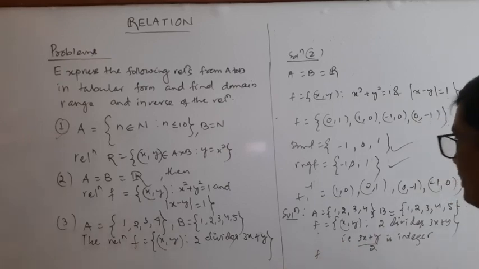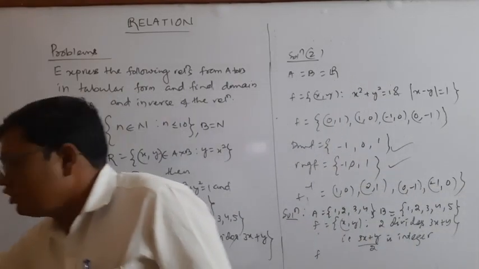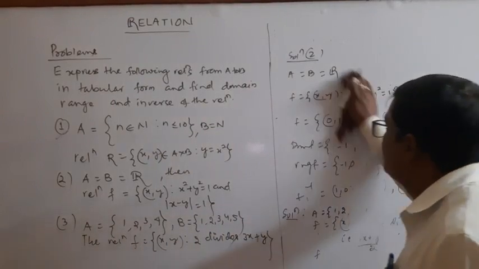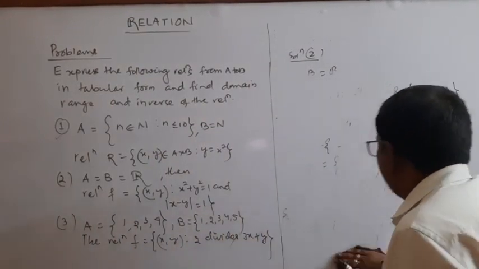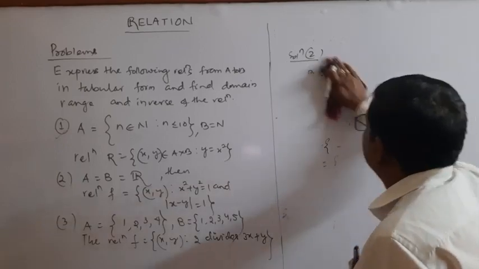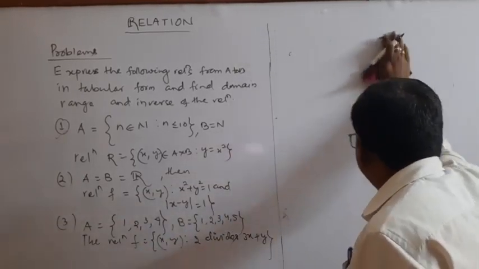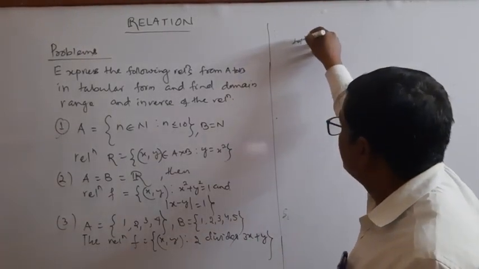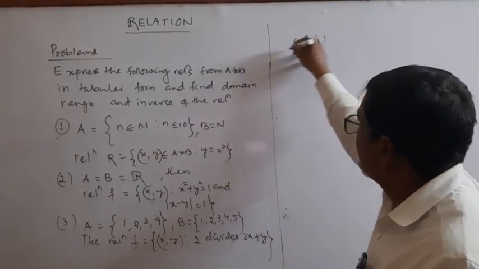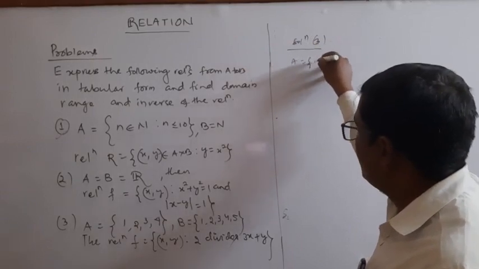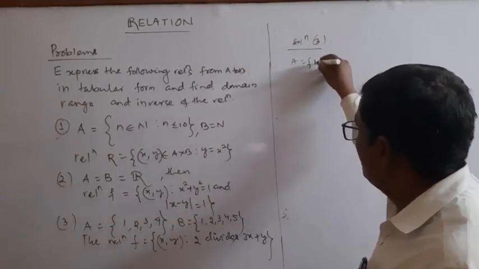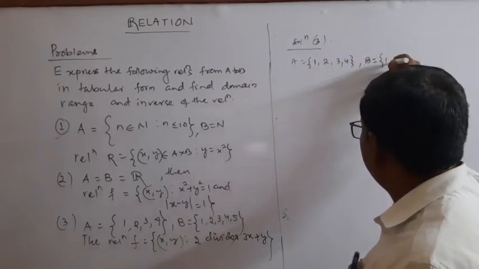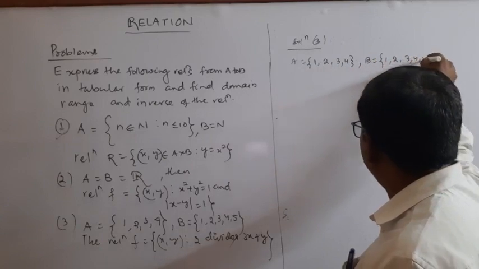So solution of question number 3: A is equal to {1, 2, 3, 4} and B is equal to {1, 2, 3, 4, 5}.